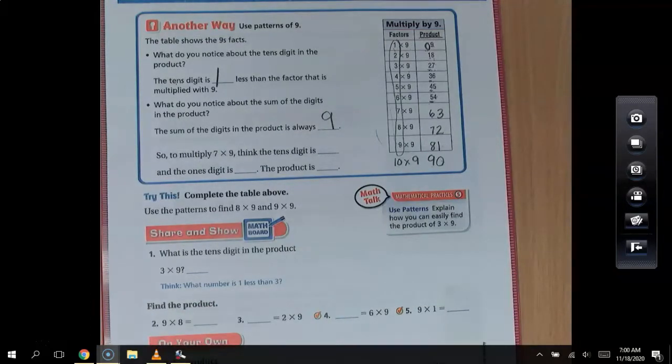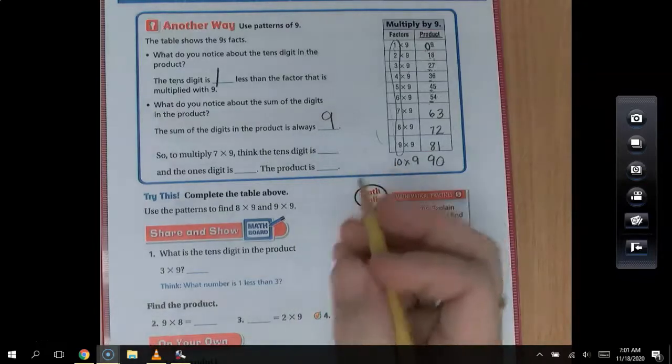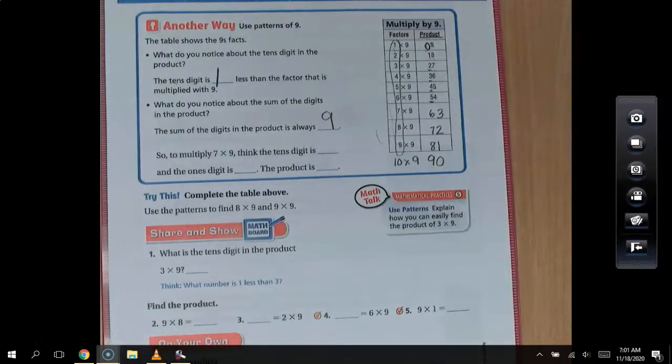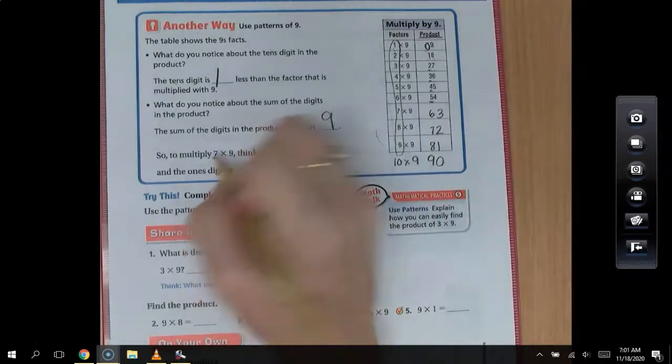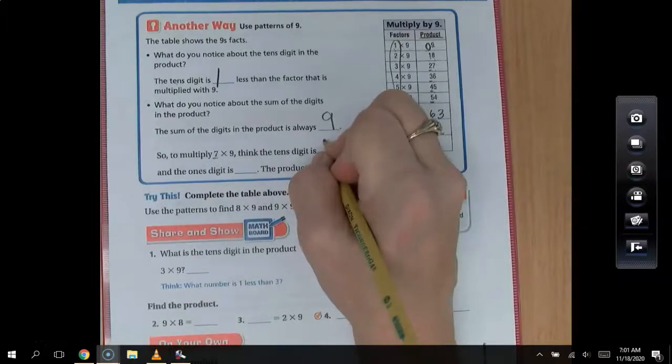So when you're multiplying by 9, there are several ways to make sure that you have the right answer. So to multiply 7 times 9, think that the tens digit is what? My tens digit is always 1 less, so it's 6.